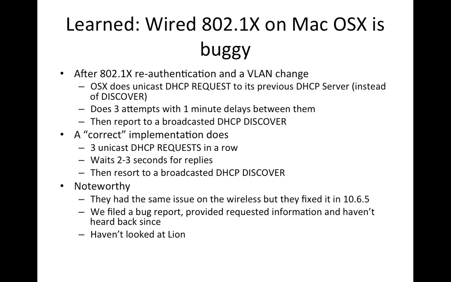Another thing that the presenter had learned and shared was that wired 802.1x on Mac OS X is buggy. After the 802.1x is re-authenticated and the VLAN is changed, the OS X does unicast DHCP requests to its previous DHCP server instead of Discover.